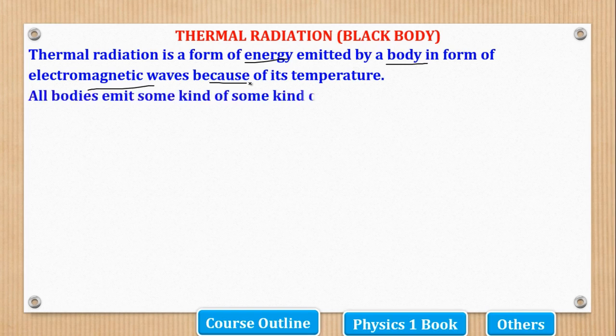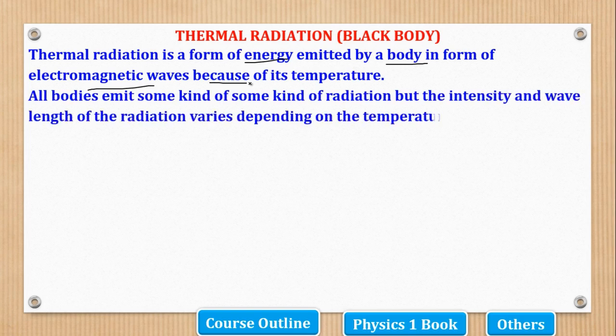We are interested in a few theoretical parts which would help us to understand the calculations. That is why I told you, for complete notes you buy the book. All bodies emit some kind of radiation. This is a repetition, but the intensity and wavelength of the radiation varies depending on the temperature of the body.